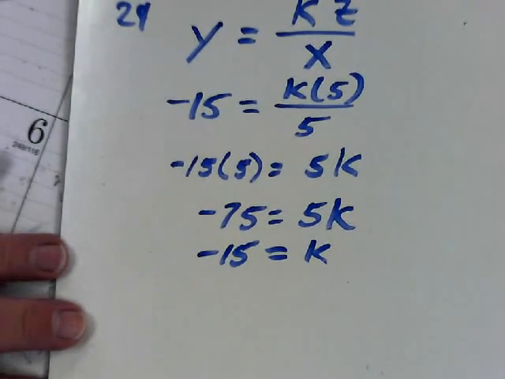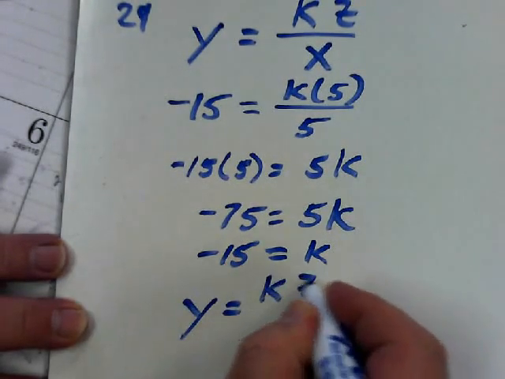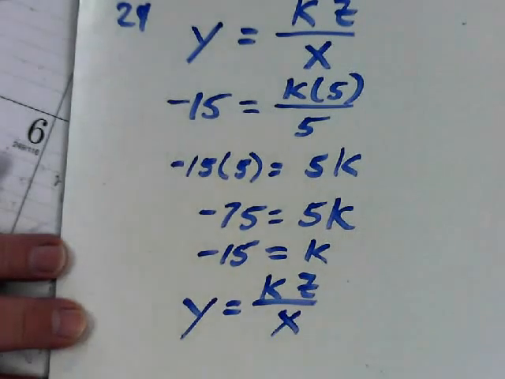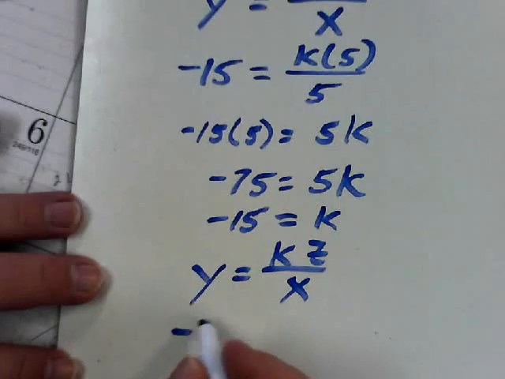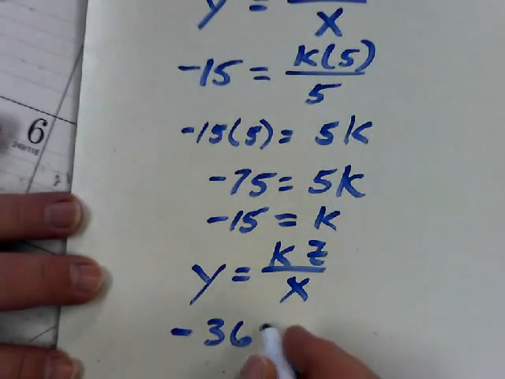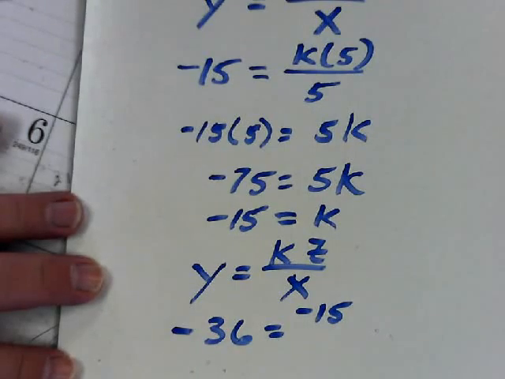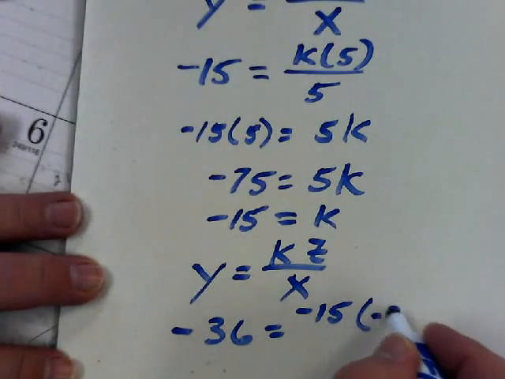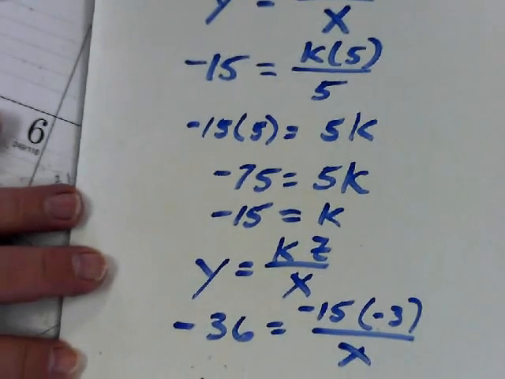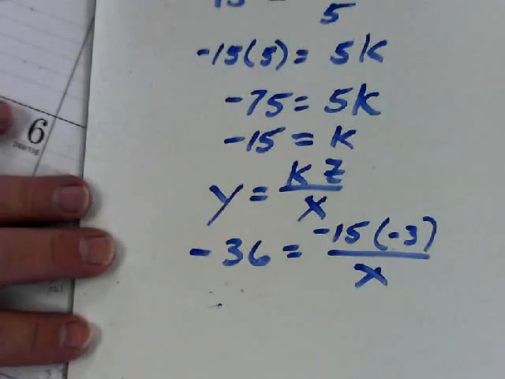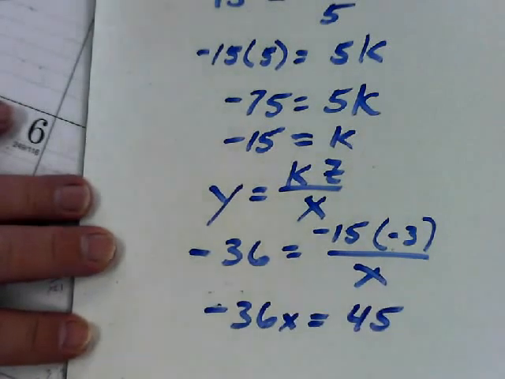Alright? Using the same expression that I started with, it says find x when the y is negative 36. You now know the k is negative 15, and you know the z is negative 3. And I need to find x. So negative 36x equals positive 45.